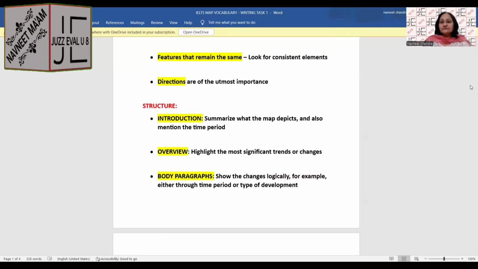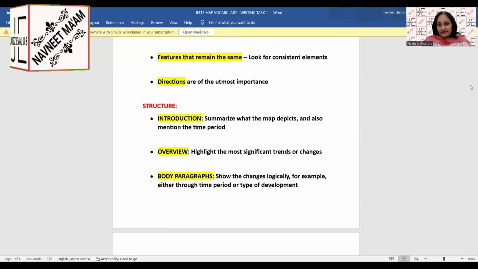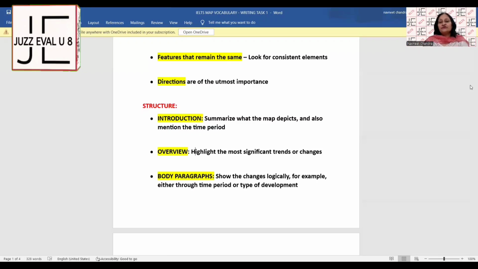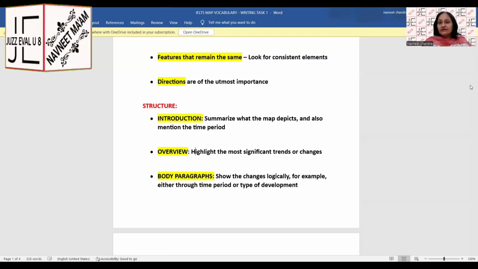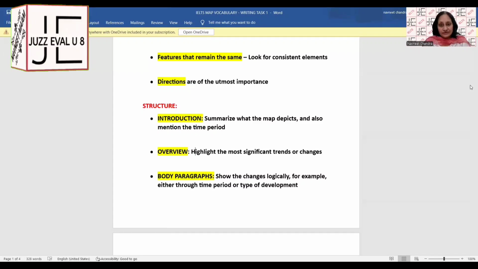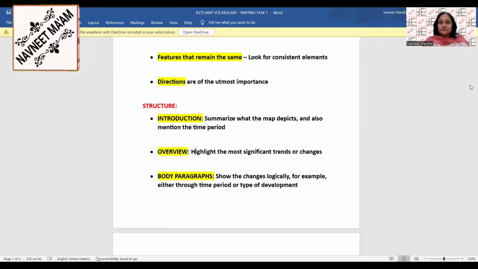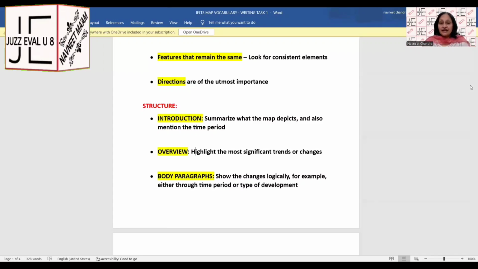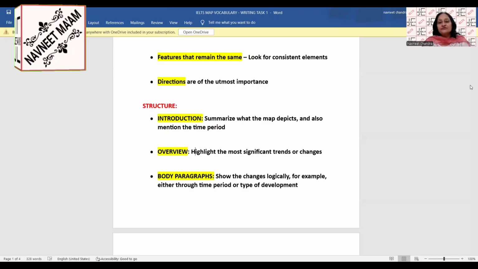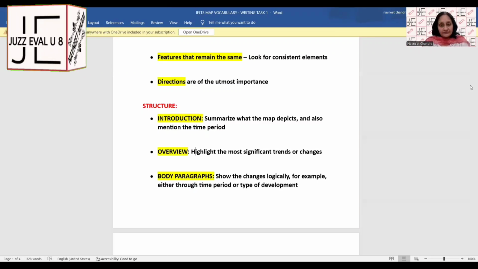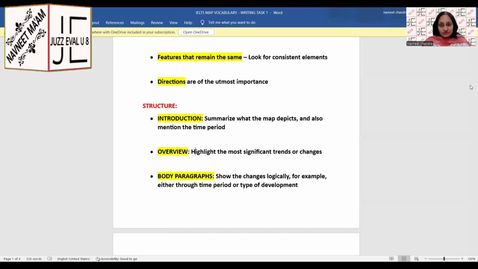Then go to the next paragraph where you have to write the overview. This is the main paragraph in a report writing question. So this has to be good and it has to be impressive. So here you mention all the trends. What are the major changes?